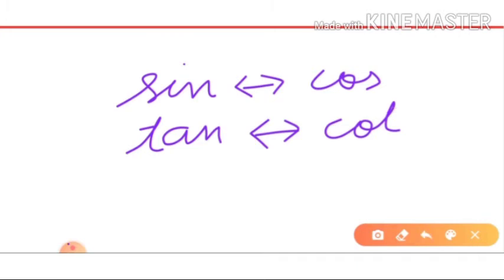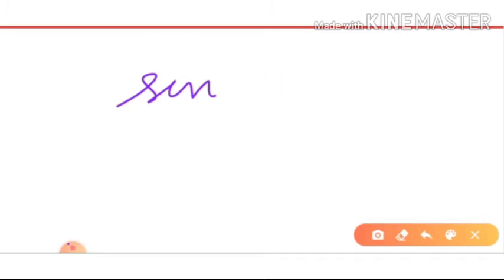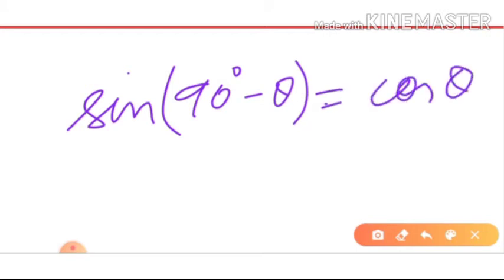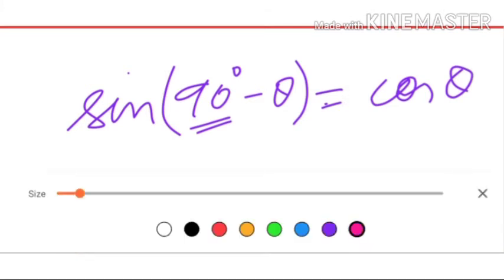For example, sine of 90 degree minus theta is always cos theta. If you look at this 90 degree, how can we write it?